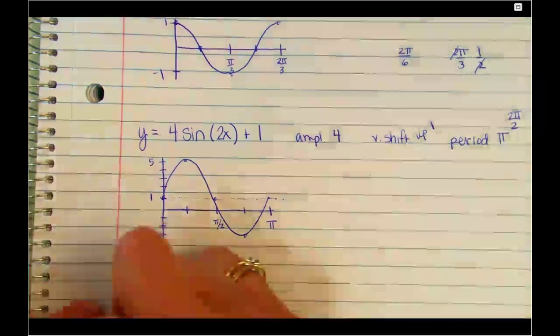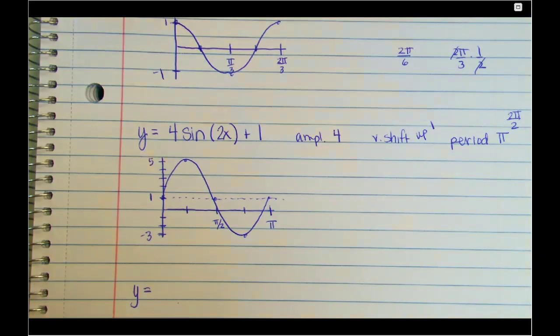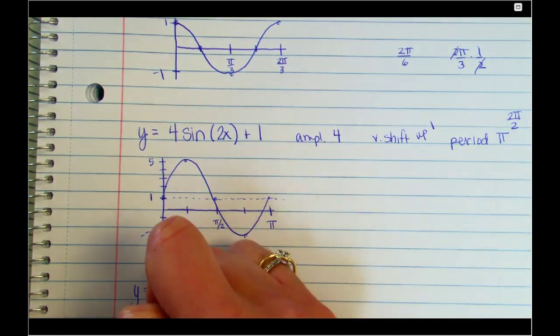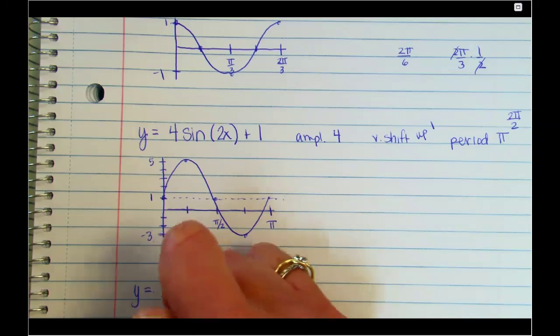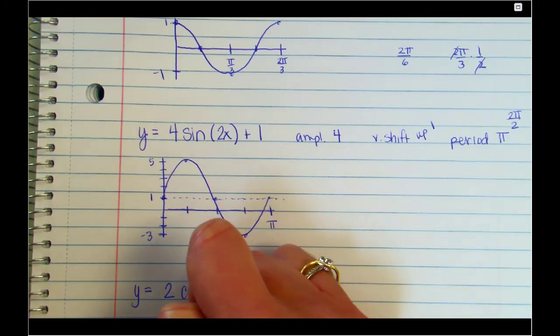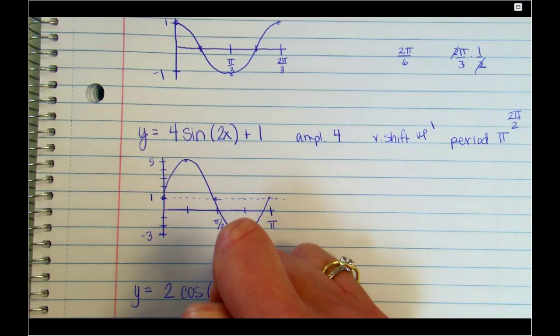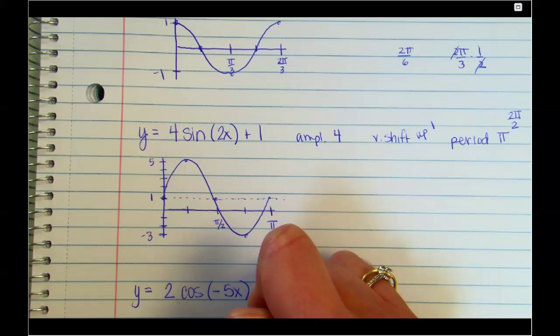Okay? Last one. So let's go y equals 2 cosine negative 5x minus 1.